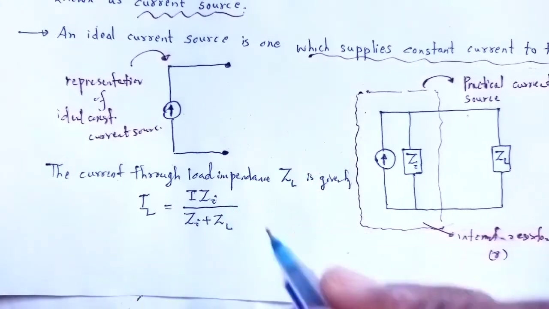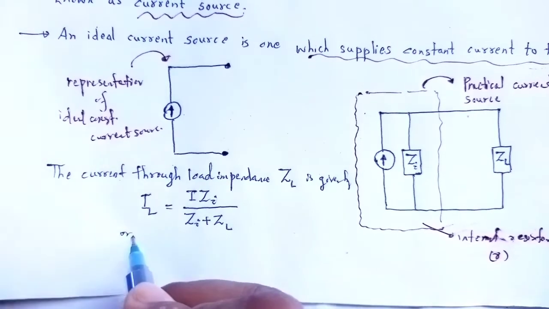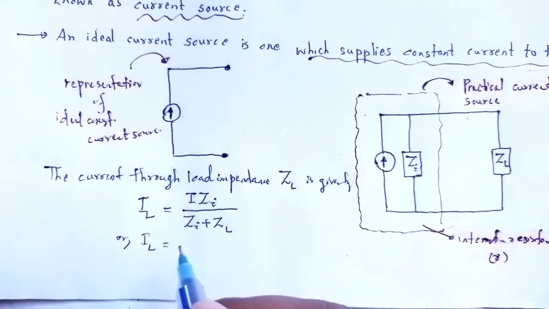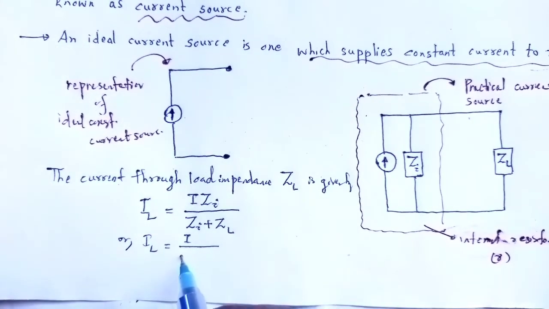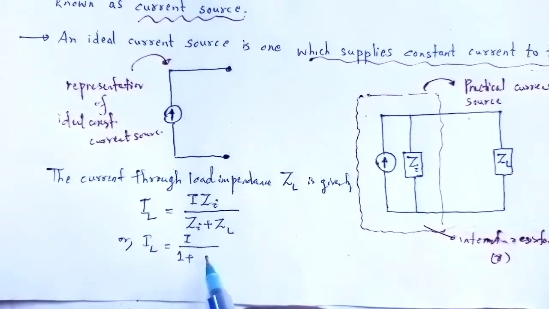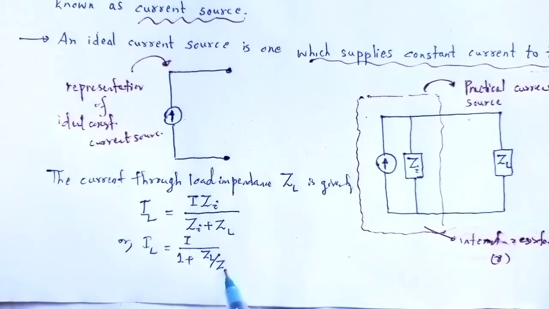Now dividing numerator and denominator by Zi, IL is equal to I divided by 1 plus ZL divided by Zi.